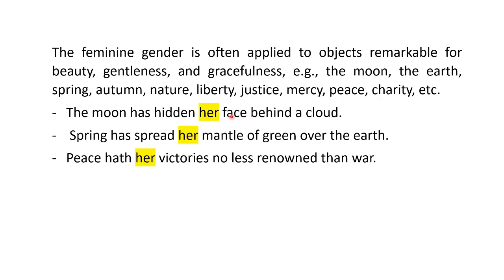See, we are speaking about the moon as a human being. This is called personification. Spring has spread her mantle of green over the earth. Spring is spoken of as if a living thing.